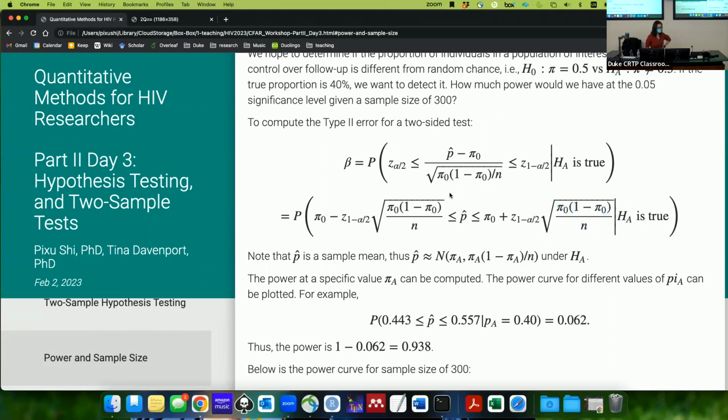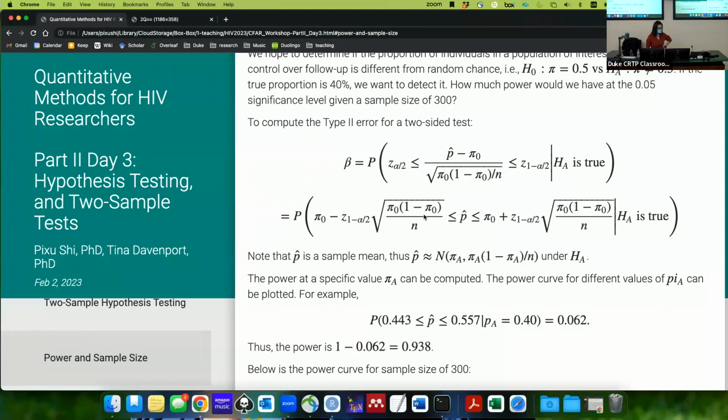And that means this whole band is also larger. The probability is larger for the type 2 error. So your power is actually smaller for the situation when you have pi 0 equal to 0.5.